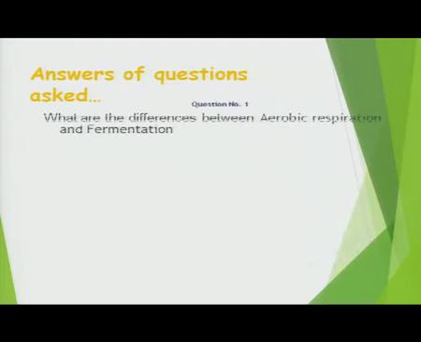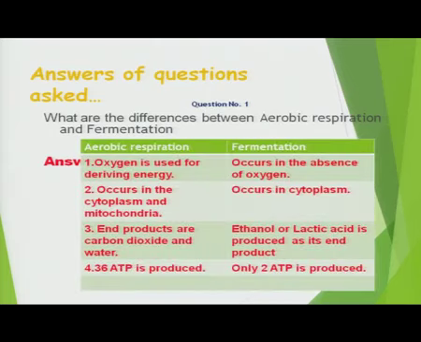My second question is, what are the differences between aerobic respiration and fermentation? Aerobic respiration, as the term indicates, uses oxygen. Fermentation occurs in the absence of oxygen. Aerobic respiration occurs in both cytoplasm, where glycolysis takes place, and mitochondria, where the Krebs cycle and oxidative phosphorylation, the electron transport chain, take place.